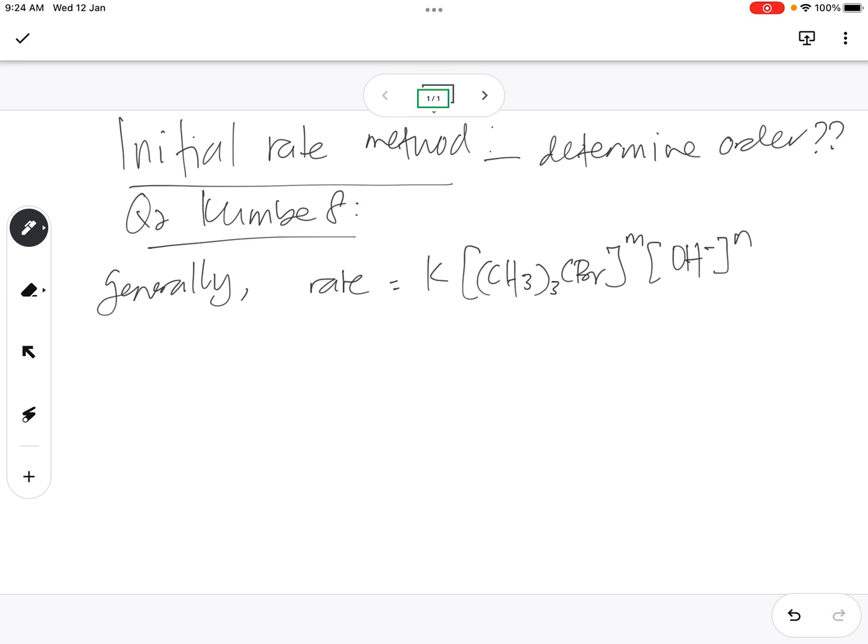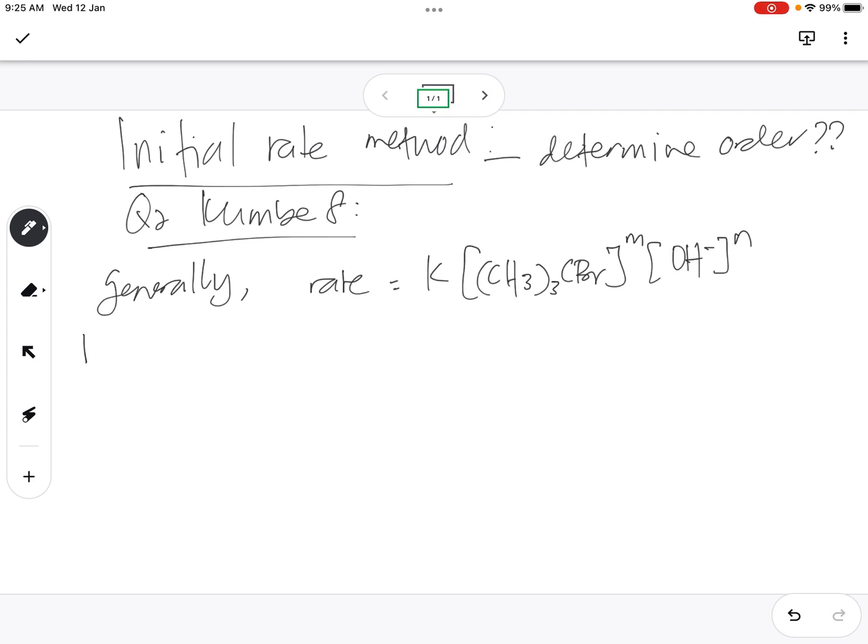Then we have to take two experiments in which the concentration of OH negative is constant. I found experiments 1 and 2, and also experiments 1 and 3, where the concentration of OH negative is constant. Say I choose experiment 2 and experiment 1.